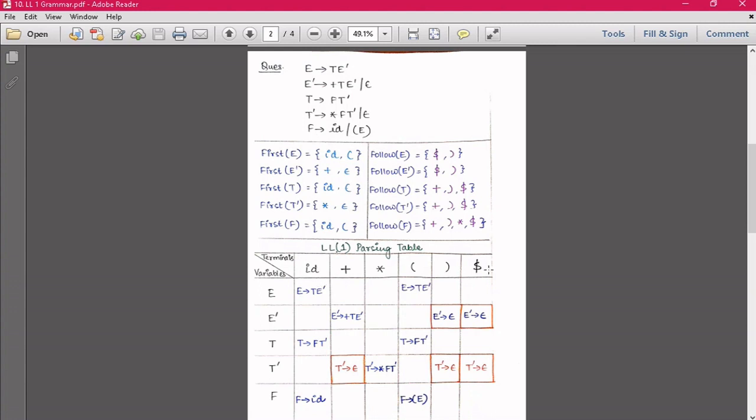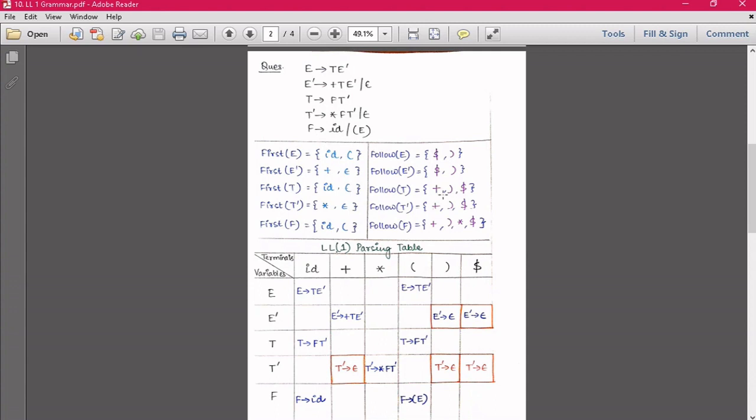So what you need to do for epsilon is, if you have any production which is producing epsilon, so E dash is producing epsilon, you will calculate the follow of E dash. When you calculate the follow of E dash, you see it is dollar and this ending bracket. So you will put this production of epsilon in the follow of E dash.